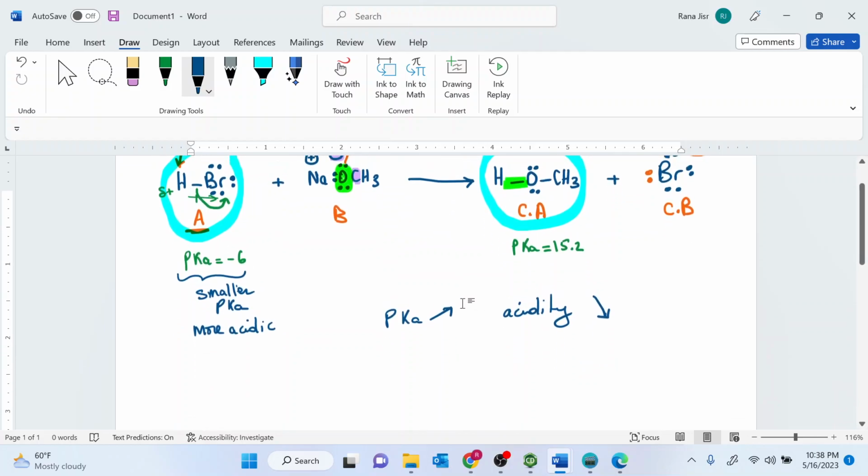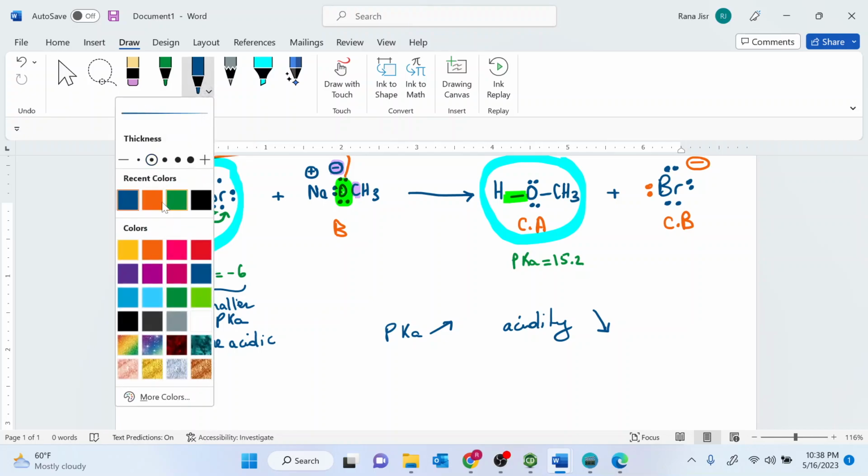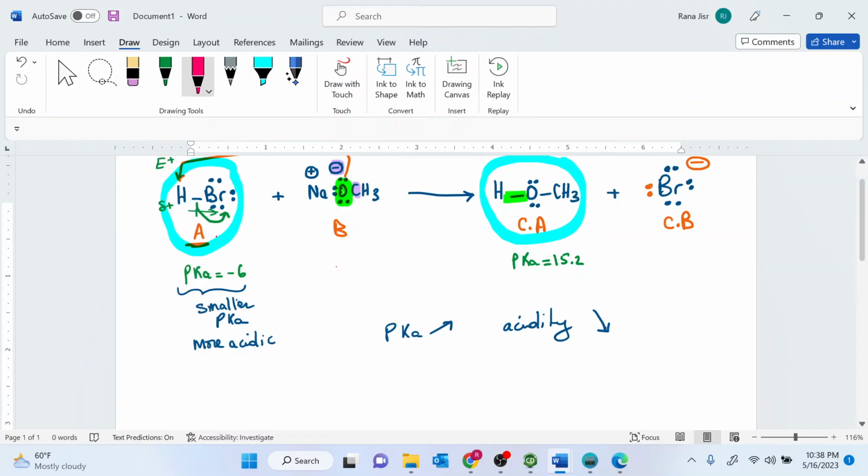The direction of equilibrium always lies away from the most acidic, or from the smaller pKa. Since HBr is in the reactants, the direction of equilibrium is going to lie away from the most acidic, so it is going to be to the right. This means that the reaction is going to happen.